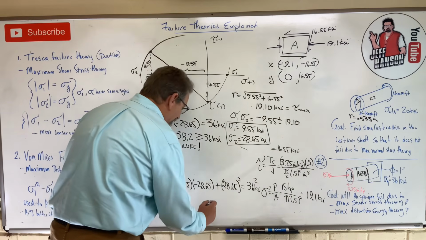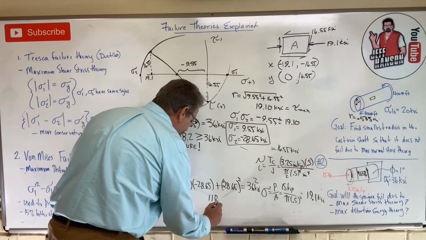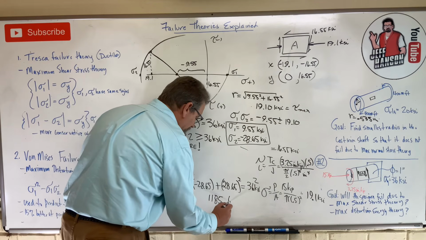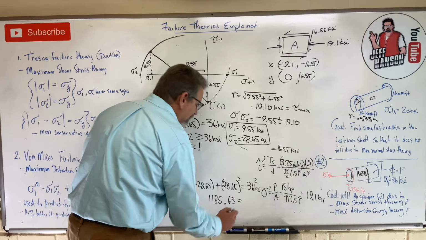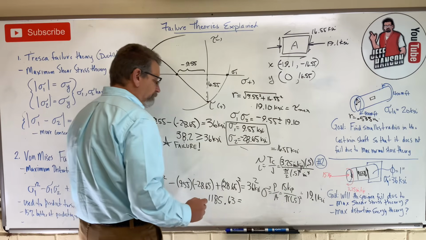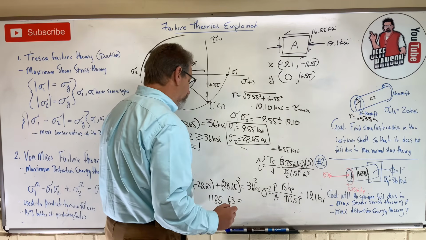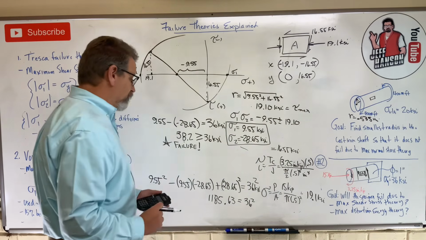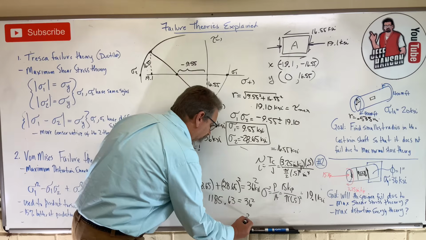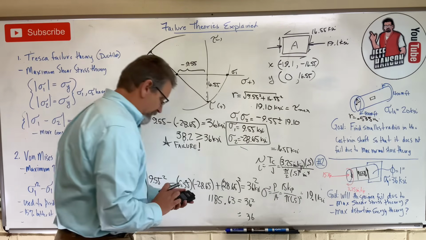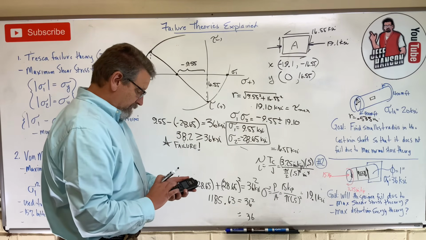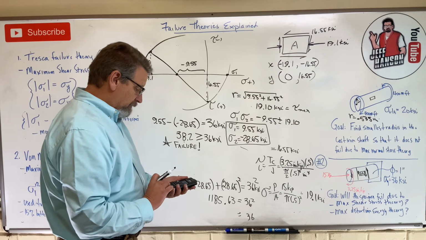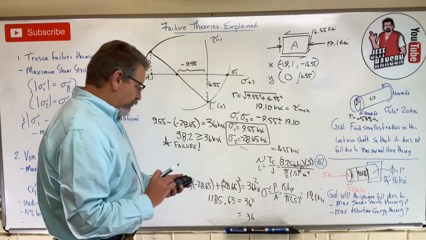So 1185.63 is equal to 36 squared. So let's just take the square root of both sides. So 36 over here, and what's the square root of that guy? Answer equals 34.43.